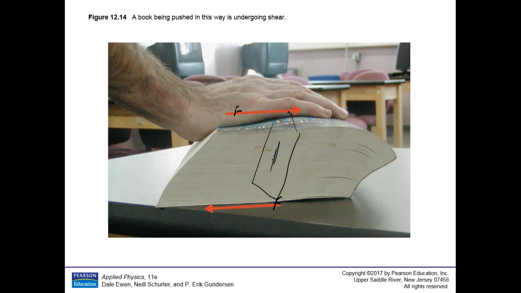That would be the cross-sectional area. I don't have it drawn very well because his hand's in the way. I can't see how big that is. So a shear stress is in some sense a twisting kind of, one force one way, one the other, but not in the same line. But again, force per unit area. Okay?